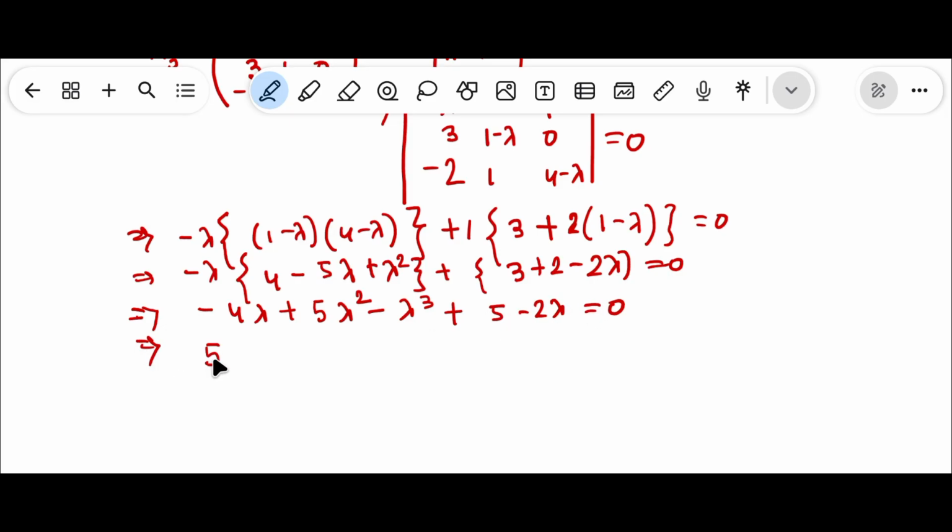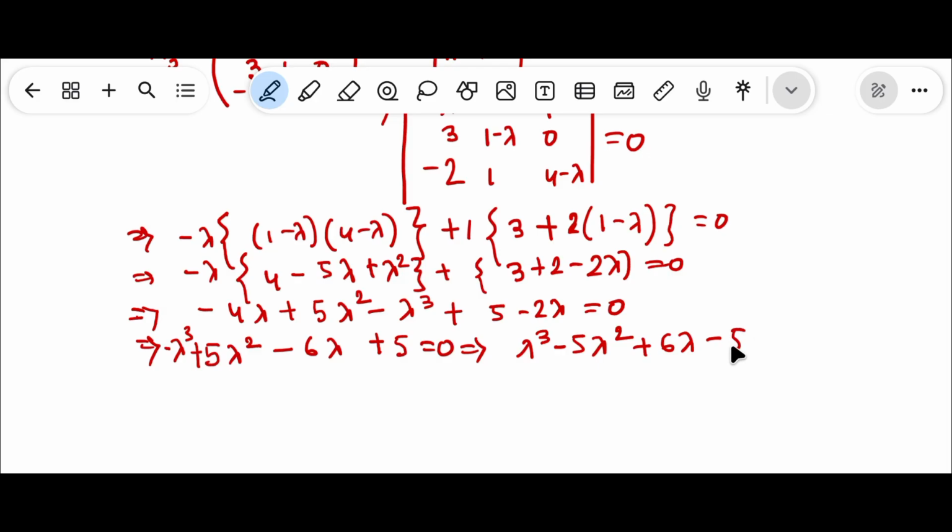Now see, we have 5λ², then -6λ, we have λ³ also, so -λ³ + 5λ² - 6λ + 5 = 0. That is λ³ - 5λ² + 6λ - 5 = 0.